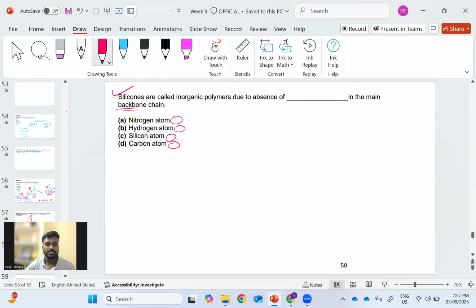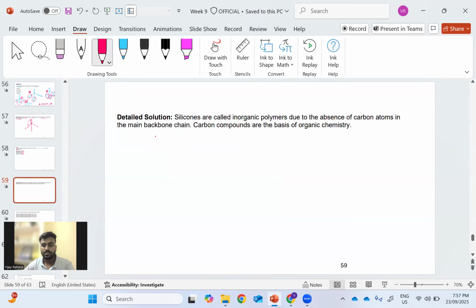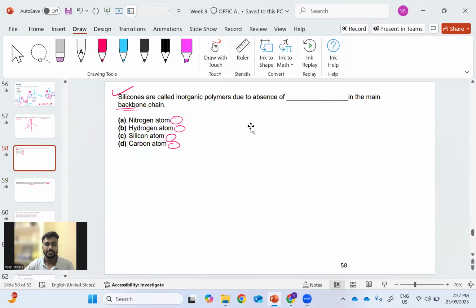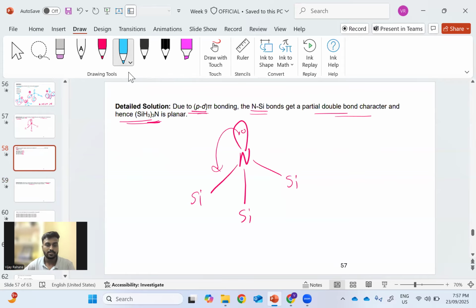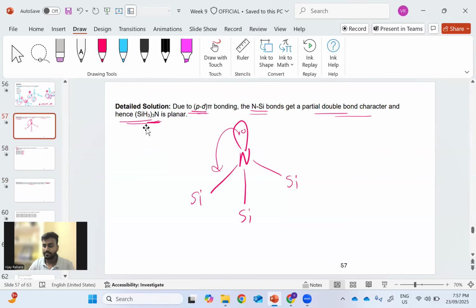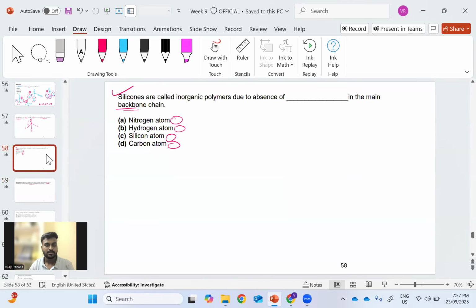So the silicones are called inorganic polymers due to the absence of carbon atom in the main backbone chain. These carbon atoms are the basics of organic chemistry, but they are absent in the silicon based materials. So therefore, silicone is called an inorganic polymer.